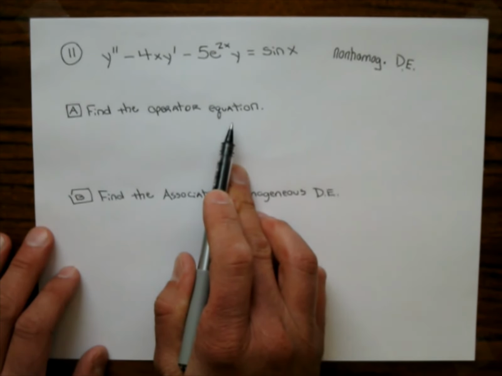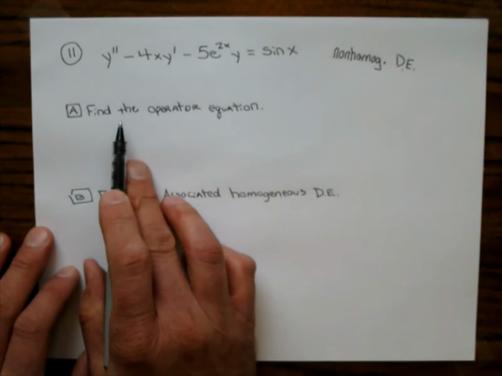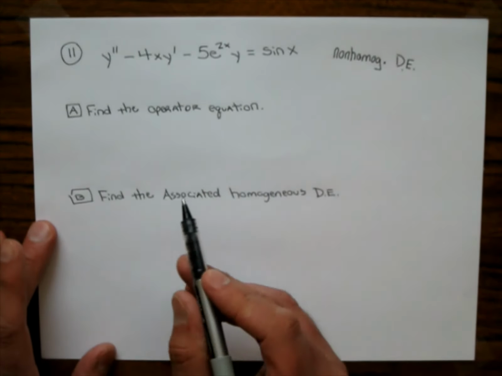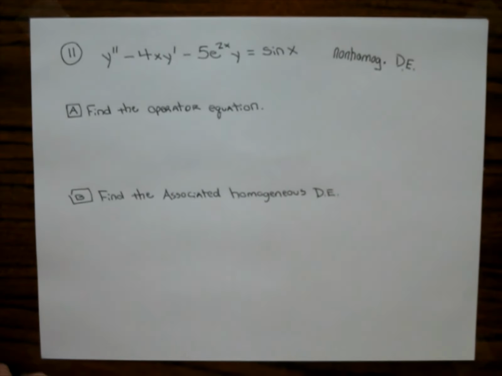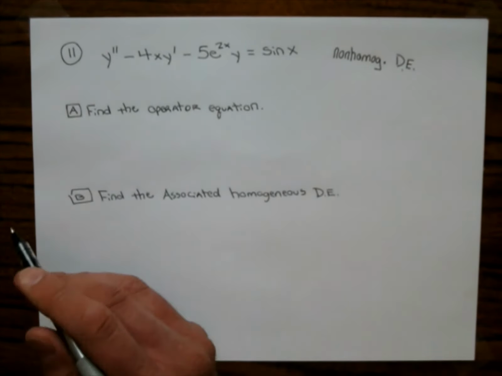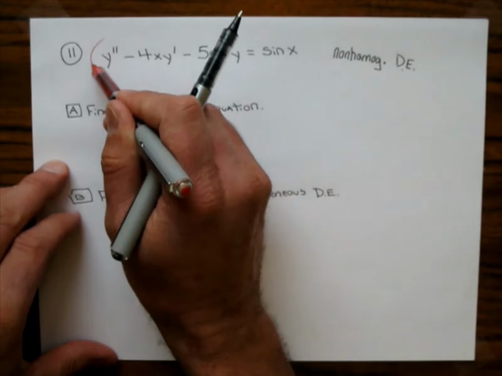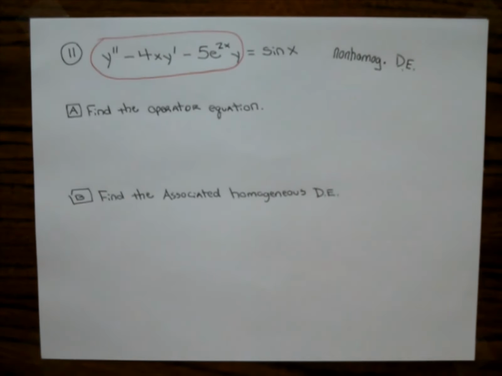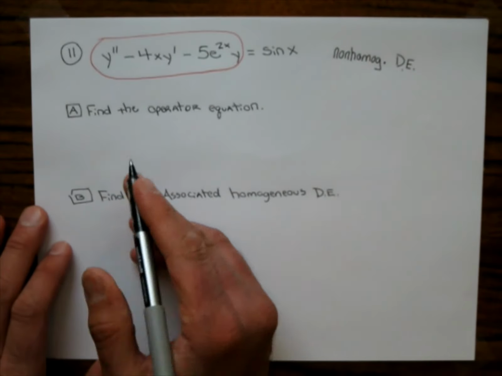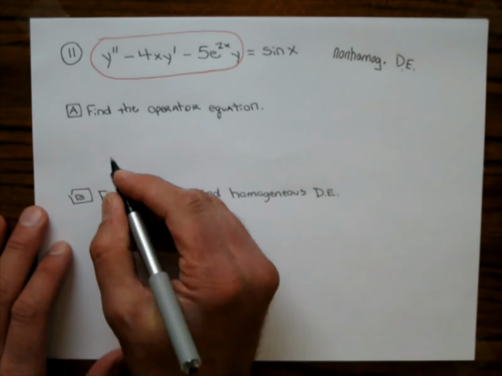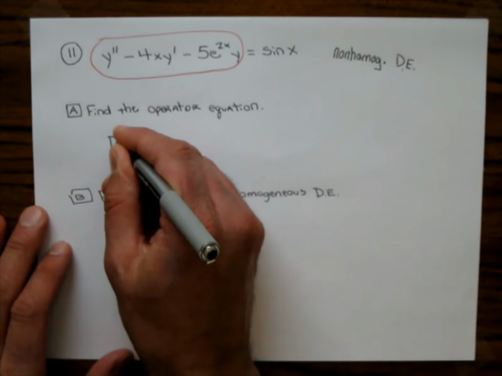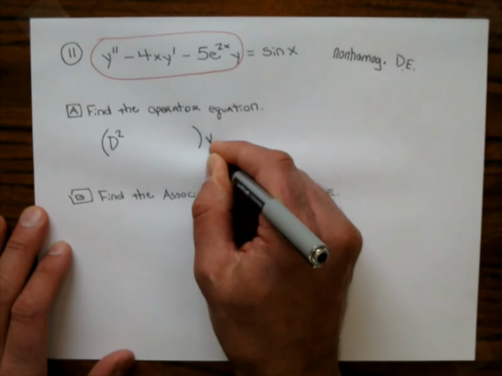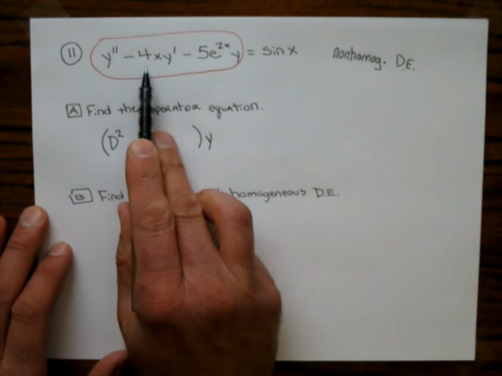This is going to be weird, and maybe you just need to see me do this and then you'll go, oh, okay, because they'll ask this in the homework. For the operator equation, we're going to take a look at that side and write it in terms of those derivative operators. And I see a y double prime, that's the second derivative acting on y.